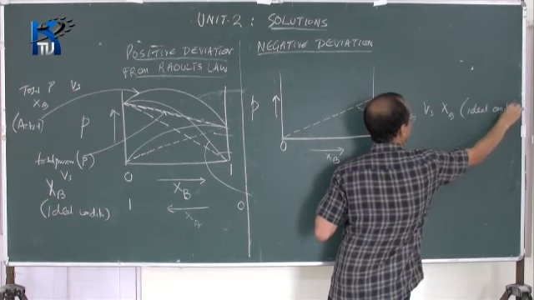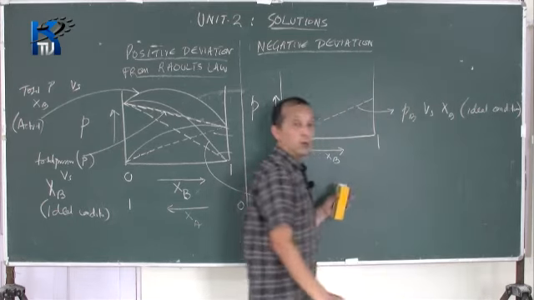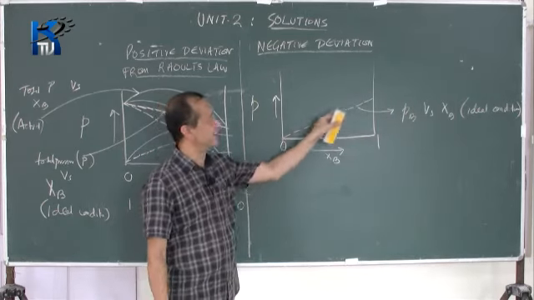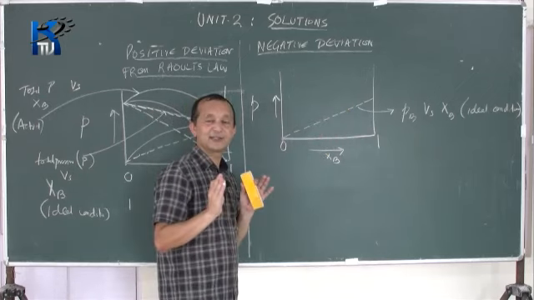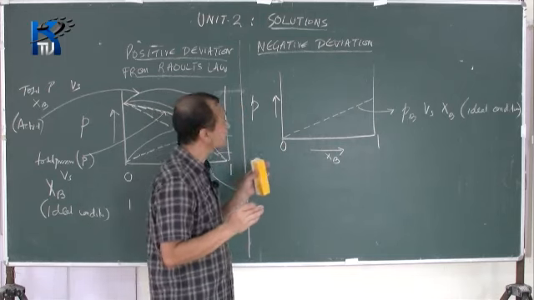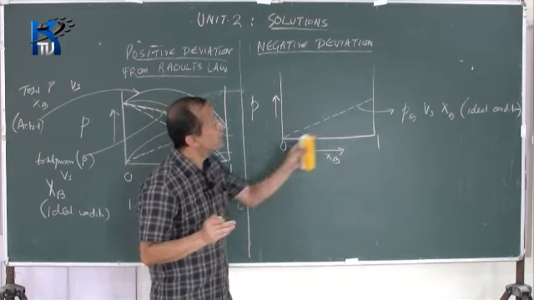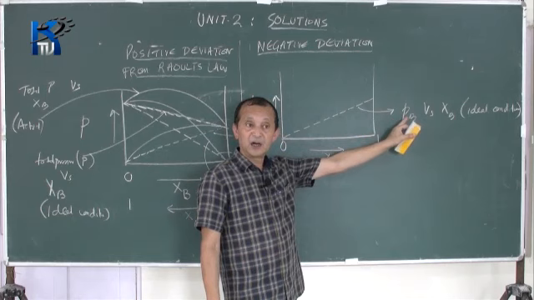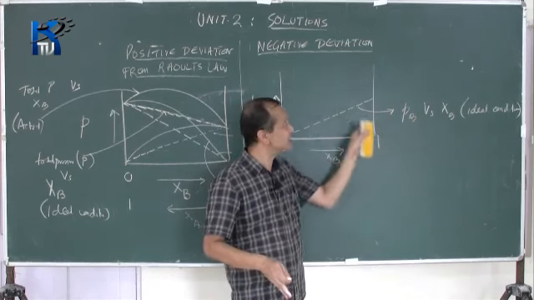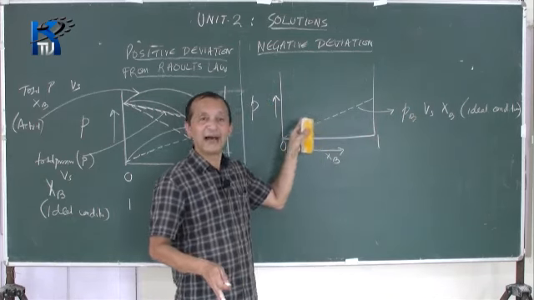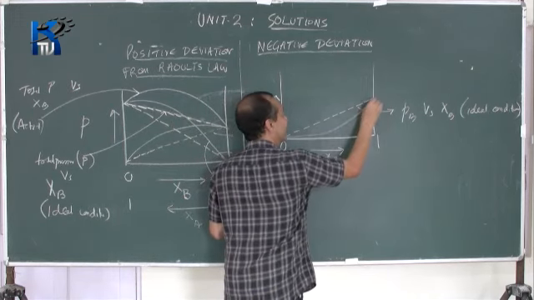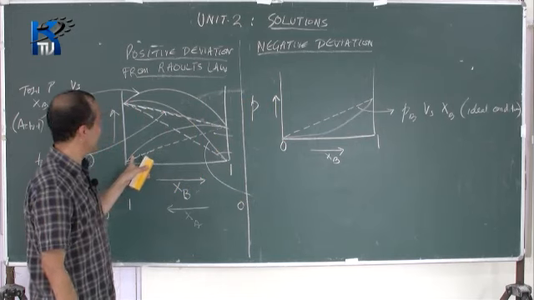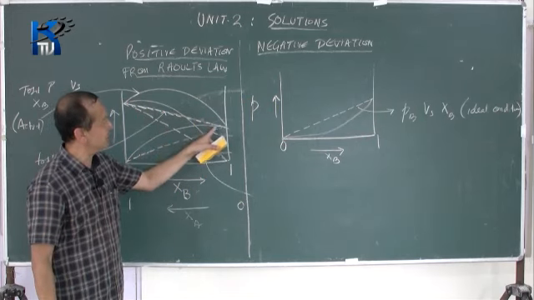If the solution was ideal, this is the graph. But since the solution is not ideal, and since the actual partial pressure will be less than the ideal pressure, it will be below, unlike here where the actual pressure is above.